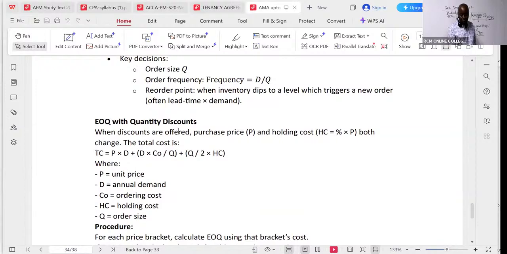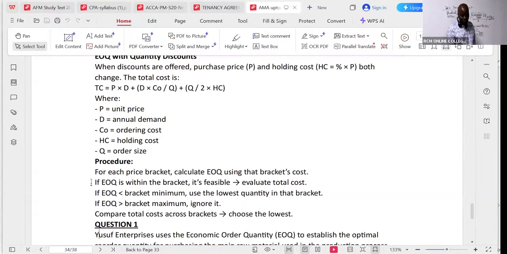And the total cost will remain the one that I showed you, DP, DCO over Q, plus the holding cost.